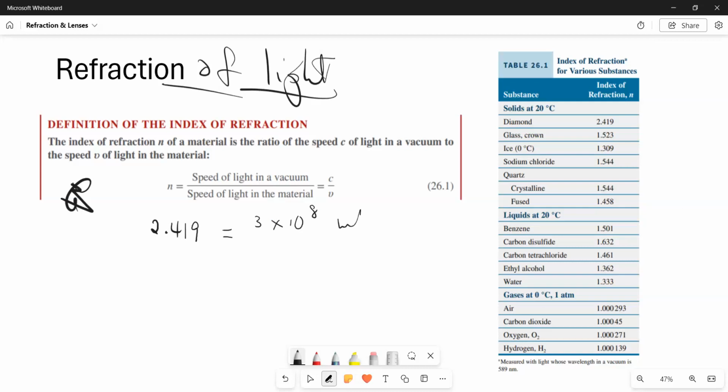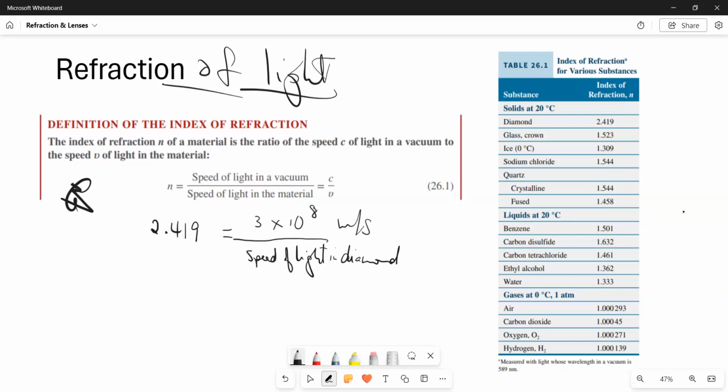Well, there's no need to put the unit. Is that right? 3 by 10 to the 8th, thereabouts? Yes, sir. Speed of light in diamond.